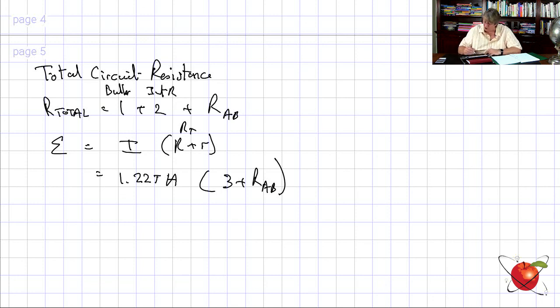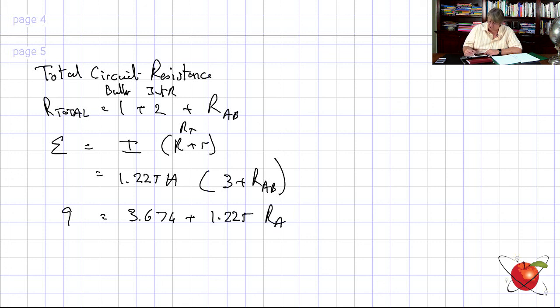That's what it is. Or Rx, unknown resistor, if you like. This gives us 9 is equal to 3.674 plus 1.225 RAB. And you work out RAB and you get 1.775 ohms.